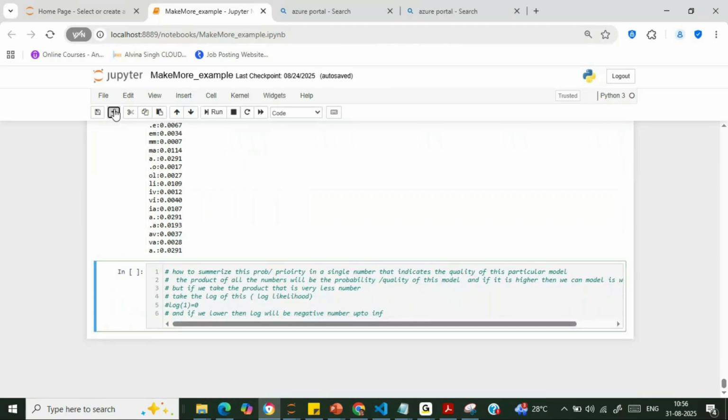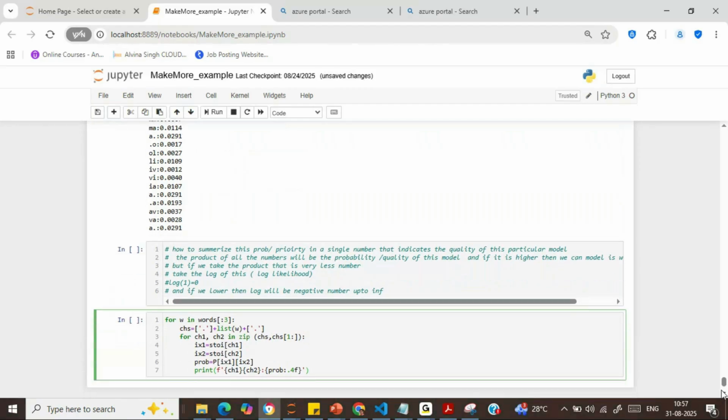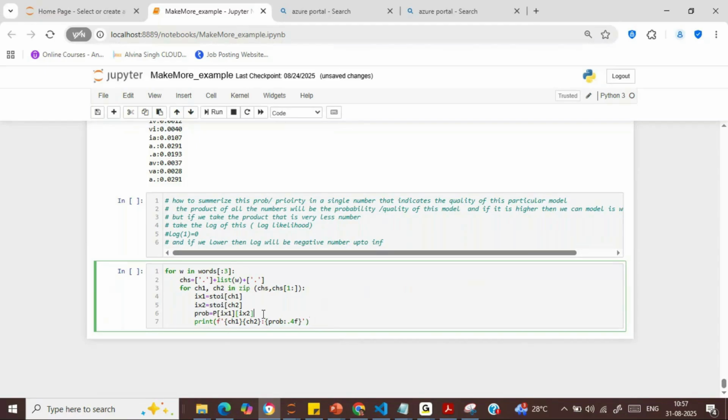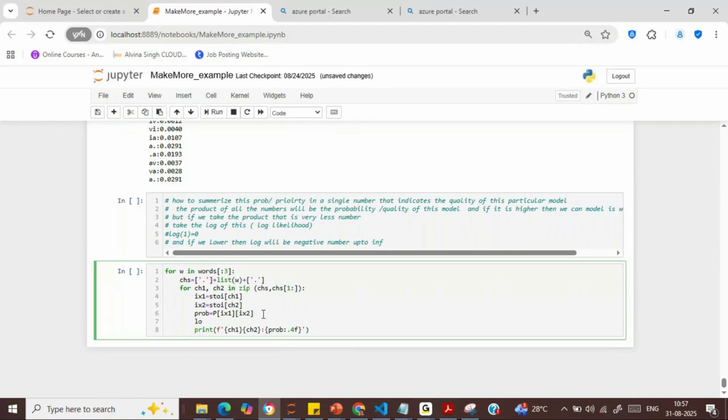This is the probability, and I will compute the log probability with torch dot log of this probability. Then I print it, and I can see the probability as well as the log probability.